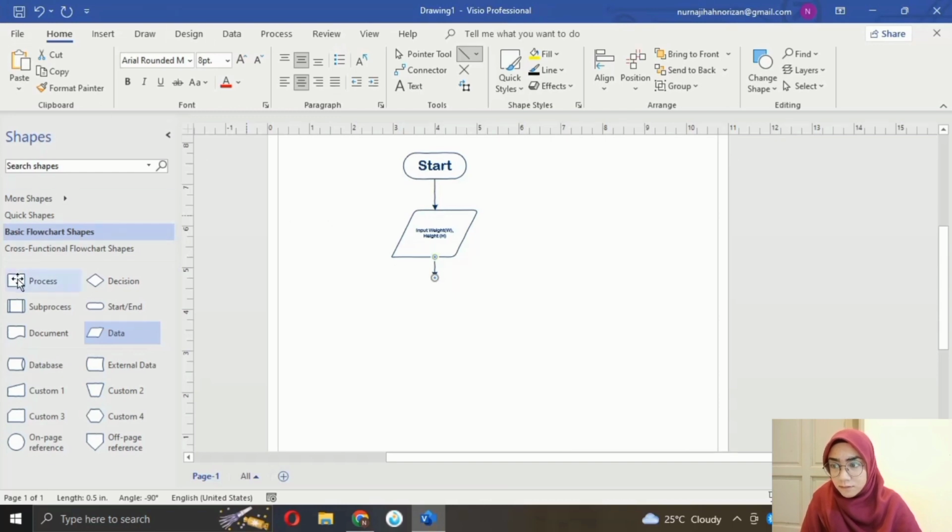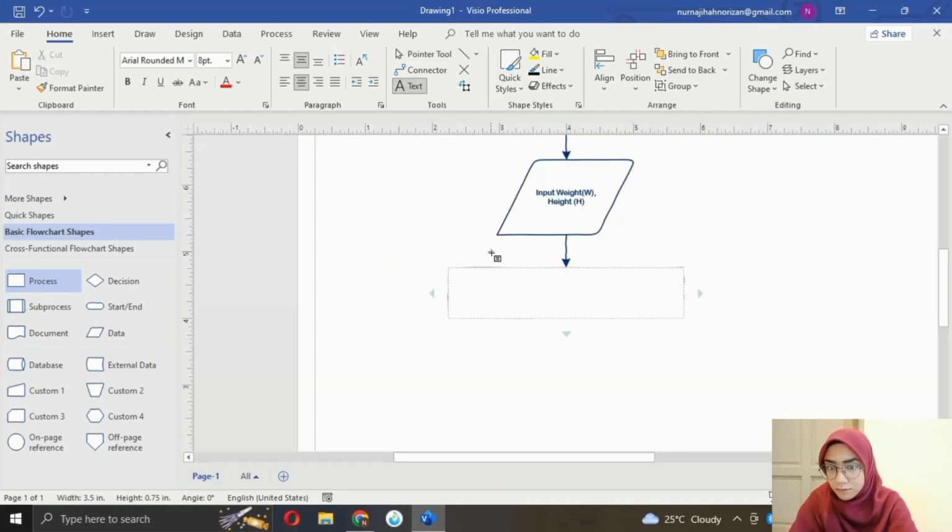Next, we take a rectangle to show and explain the process. So in this rectangle, the explanation is body mass index, which is BMI. BMI is equal to W/H².